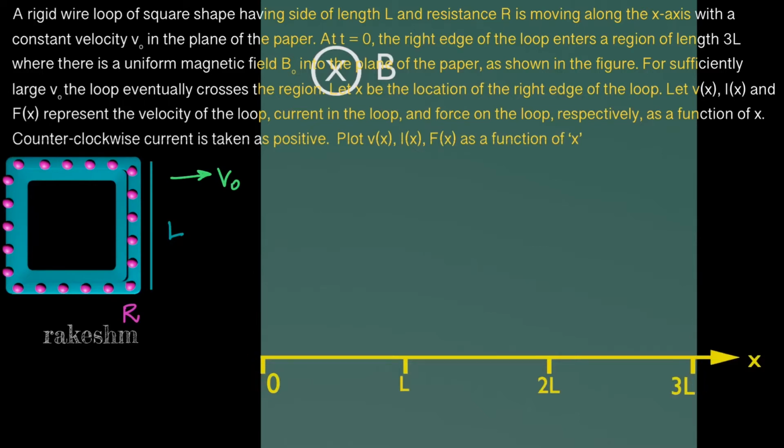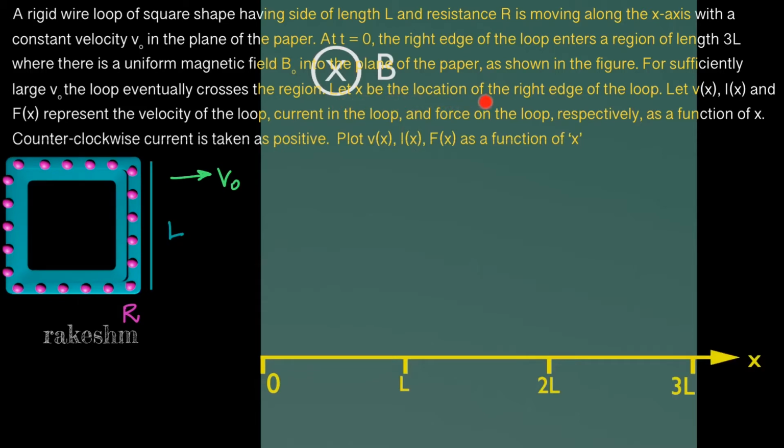So from 0 to 3L we have this magnetic field which is inside the plane of the paper. For sufficiently large v0, the loop eventually crosses the region. He's saying v0 is sufficiently large such that this loop crosses this region.